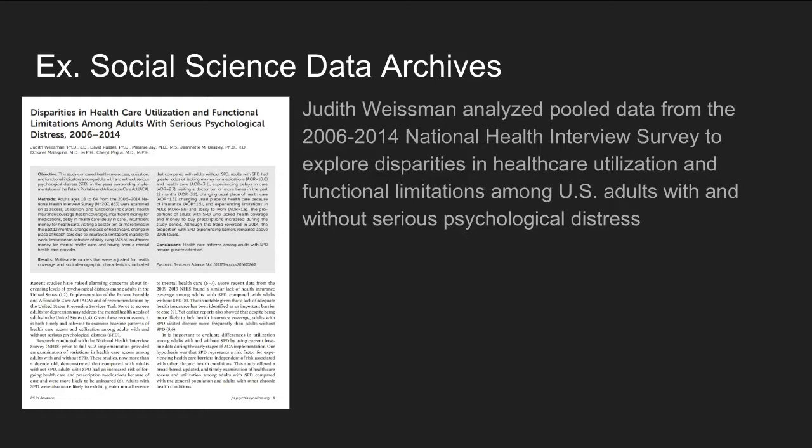She was interested in disparities in healthcare among people who have serious mental illness. So she used these national data to explore differences between adults with and without serious psychological distress, an indicator of mental health problems. She looked at the difficulties that people with psychological distress have in accessing healthcare and some of the daily challenges they face in their day-to-day lives.